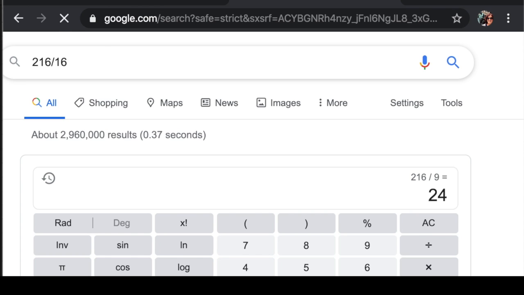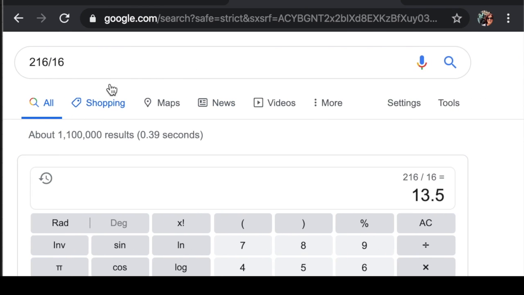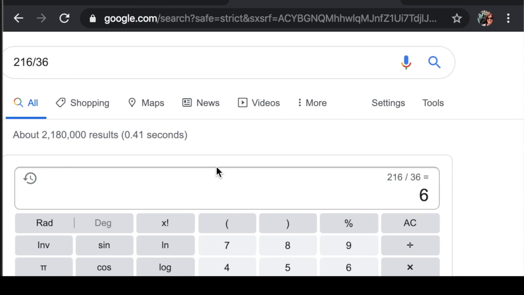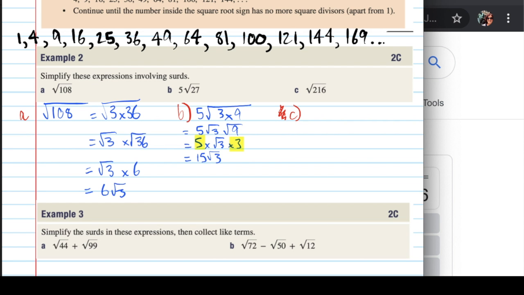What's my next one? 16? No good. 25. Well, that's not going to go. 36. 216 divided by 36 is 6. And because we've now gotten a small number here and it's not square rootable, I know I'm finished. 36 and 6. Yep, okay.